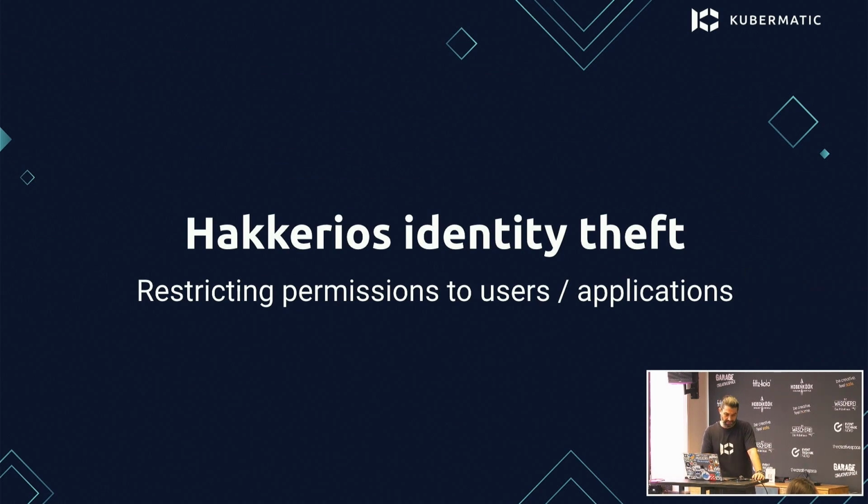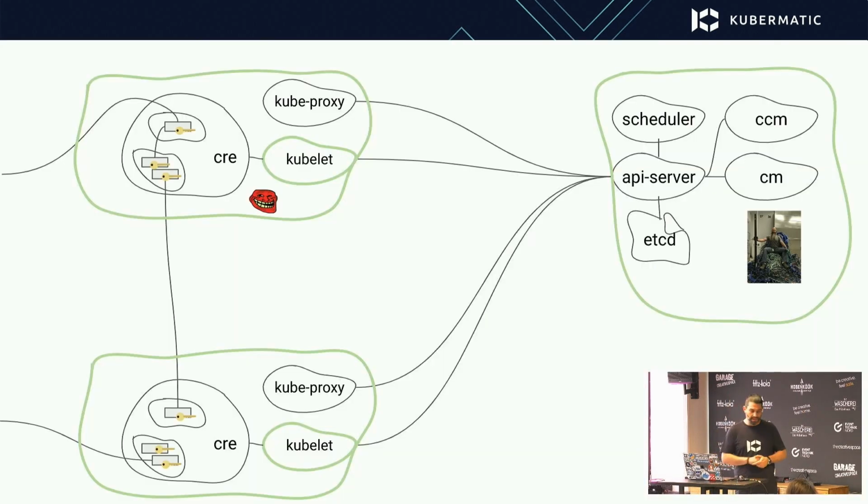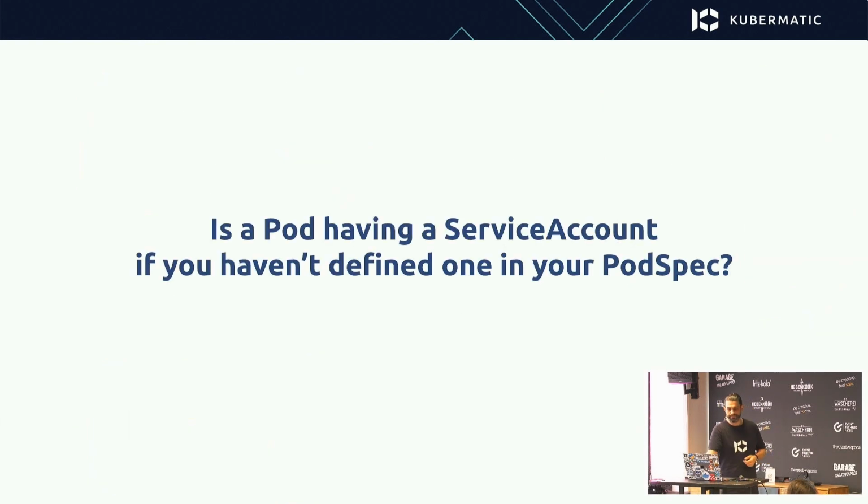So Hackerius also wants to do something, and this time he tries identity theft. We should restrict the permissions of users, service accounts and applications. On the container runtime, well, he can try to do some stuff around the container runtime or around the pods.